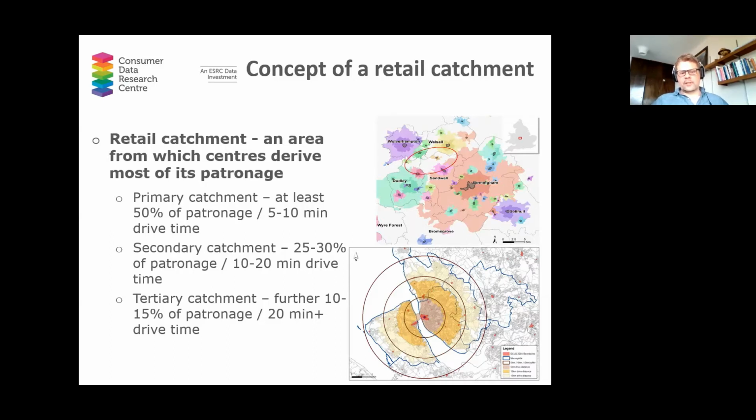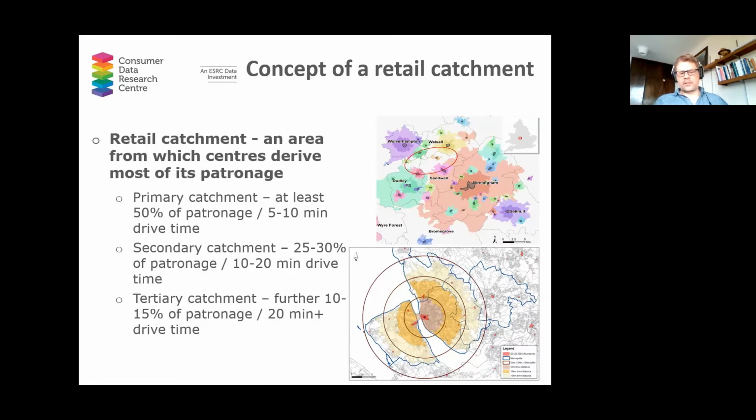We also occasionally use tertiary catchments. Pretty much all retail catchments will overlap. That is strictly related to consumer behavior. We are complex beings, so we hardly ever think, yes, I will be shopping only in one retail center. We normally shop in many different retail centers.